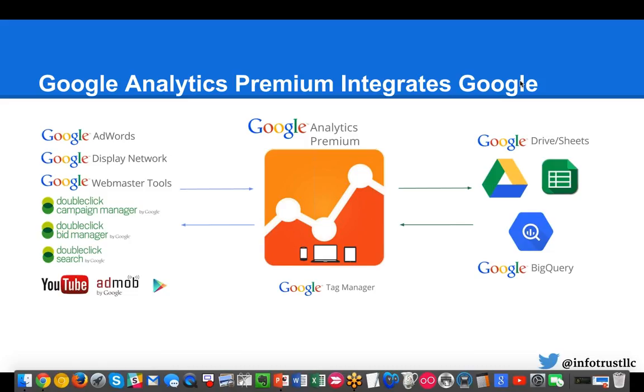And then also all of that information can be taken out of Google Analytics, exported into Google Drive and Sheets for more custom visualizations or reporting needs, as well as Google's big data product, BigQuery.